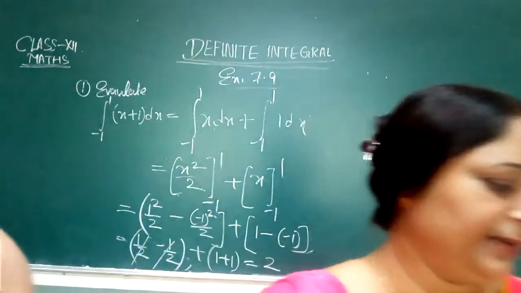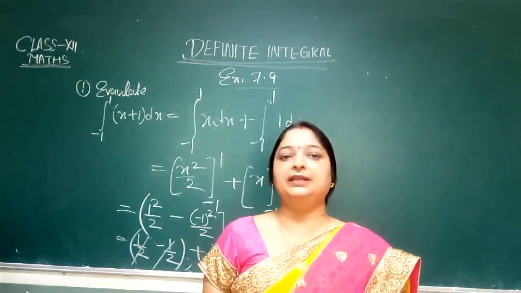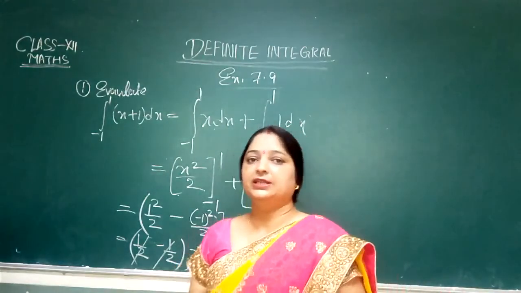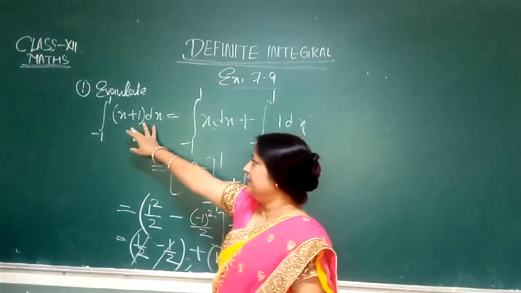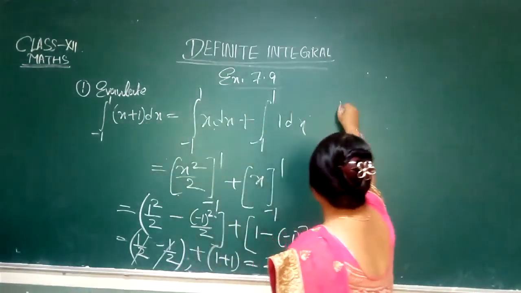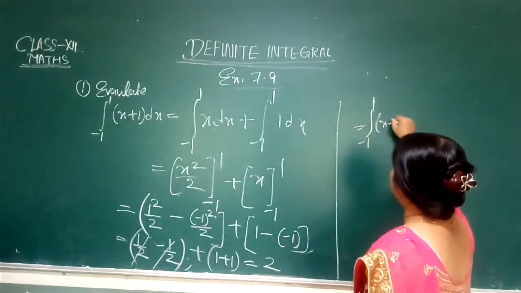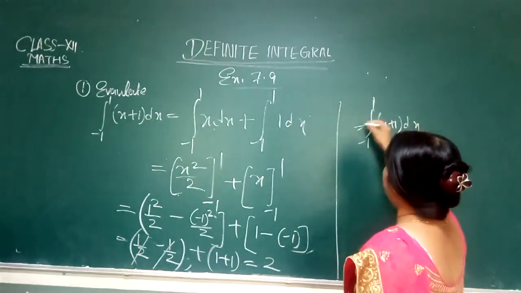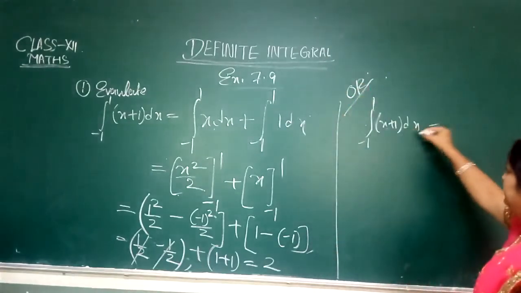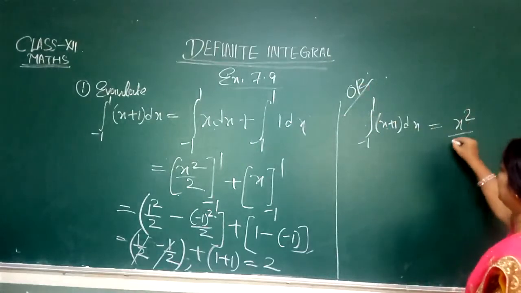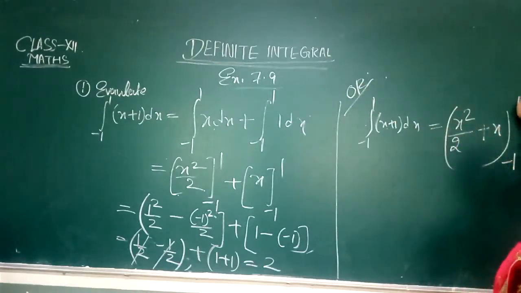You can apply any method, the answer will be the same in a definite integral, but in an indefinite integral the answer may be different. Now the second method: you can take this integration like this, minus 1 to 1 of (x + 1) dx. No need to separate the integration. Directly you can write x square upon 2 plus x, from minus 1 to 1.